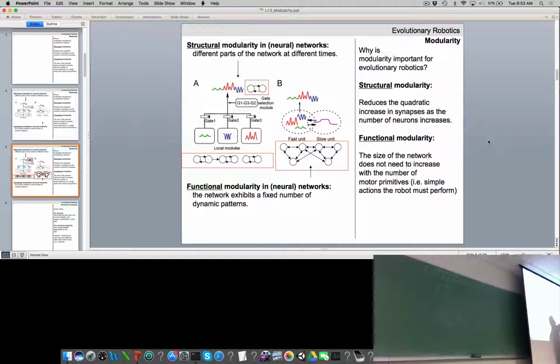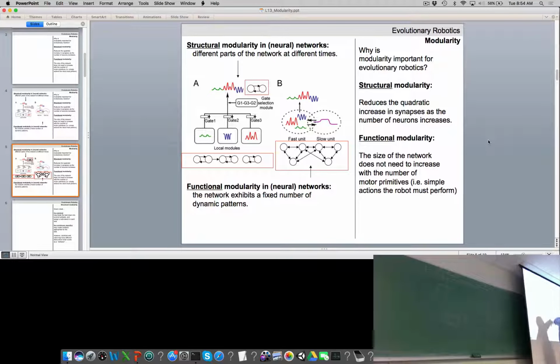But remember that we had some neurons that changed their values slowly, and we had some neurons that changed their values quickly. And the slow neurons could push the fast neurons into different distinct patterns over time. You can view these little patterns as little modules. They're functional modules. Shake the block up and down, that's one module. Shake the block left and right, that's another module. It's a different way of thinking about modularity.